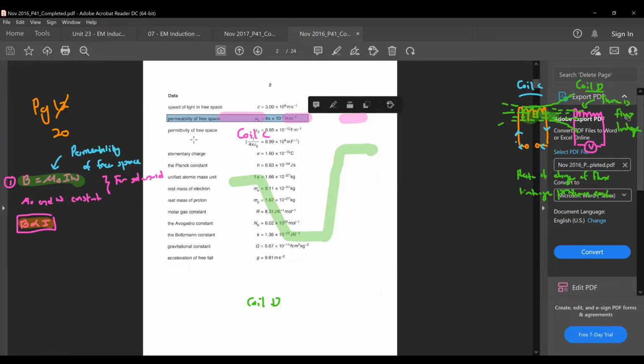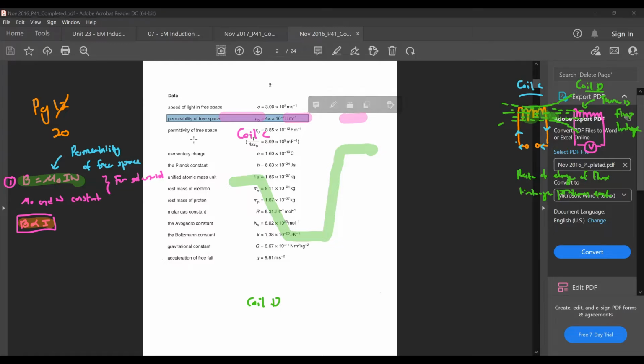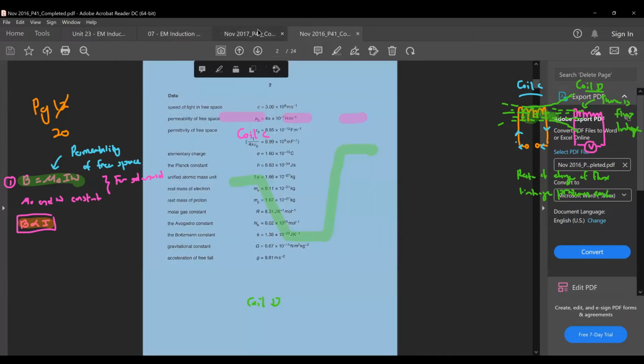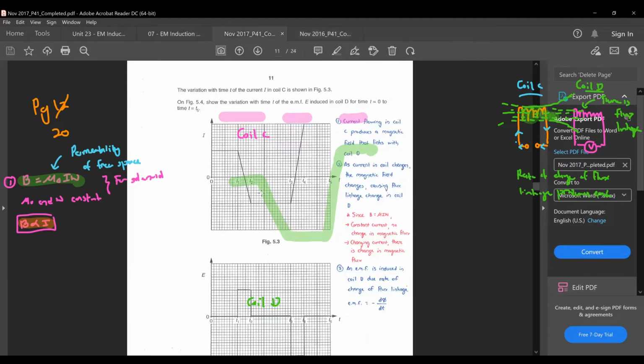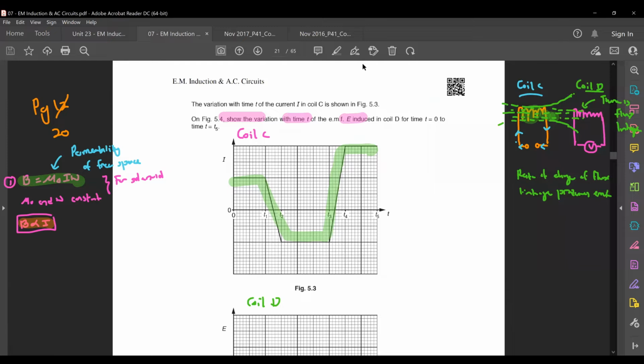It's just a measure of how easy it is for magnetic field to pass through a medium. In our case, our medium here is vacuum, so mu naught is the value there. But you're not really required to explain what mu naught is, what it does, and so on. So that one should be okay, no worries there. Now, back to the next point.